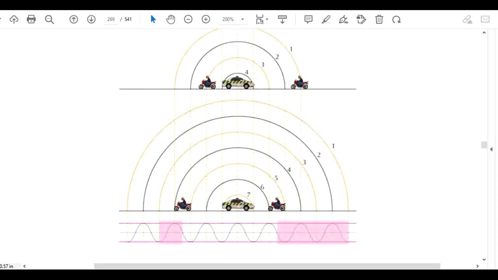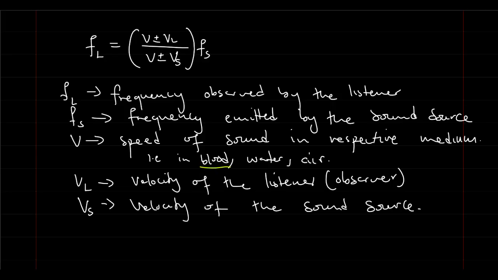When the observer is approaching a sound source, the observer will observe a frequency higher than the frequency of the sound source, and when the observer moves away from the car, the observer will observe a frequency less than the frequency emitted by the source.